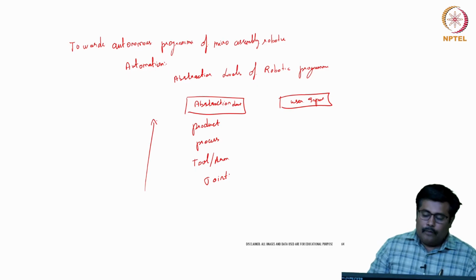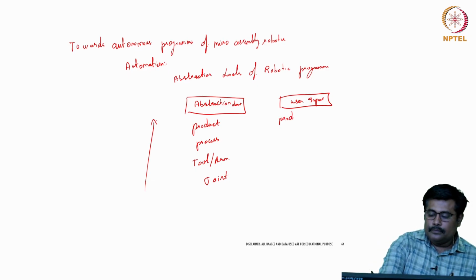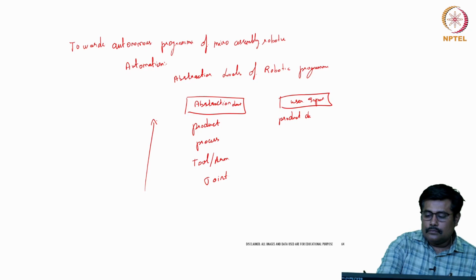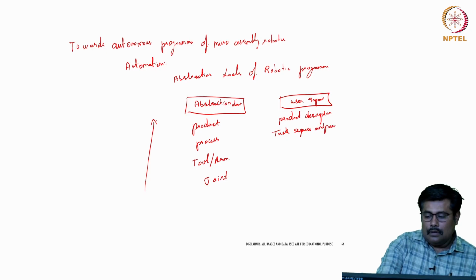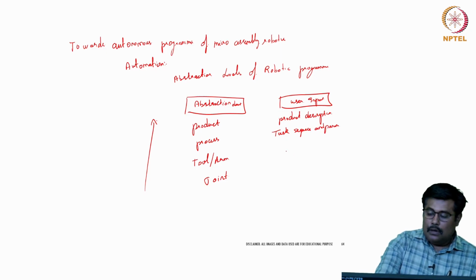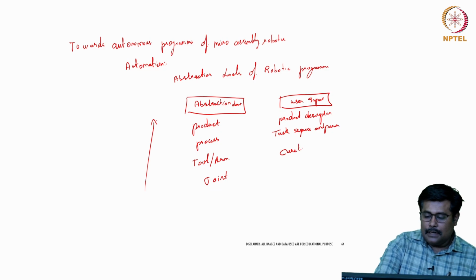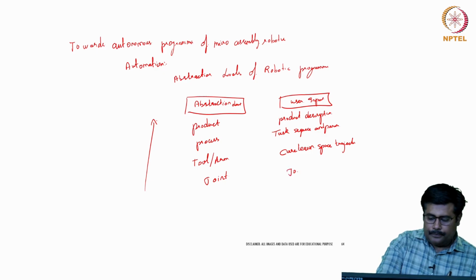Under the user input, we have the product description, the task sequence and parameters, a Cartesian space trajectory, and the joint variables.